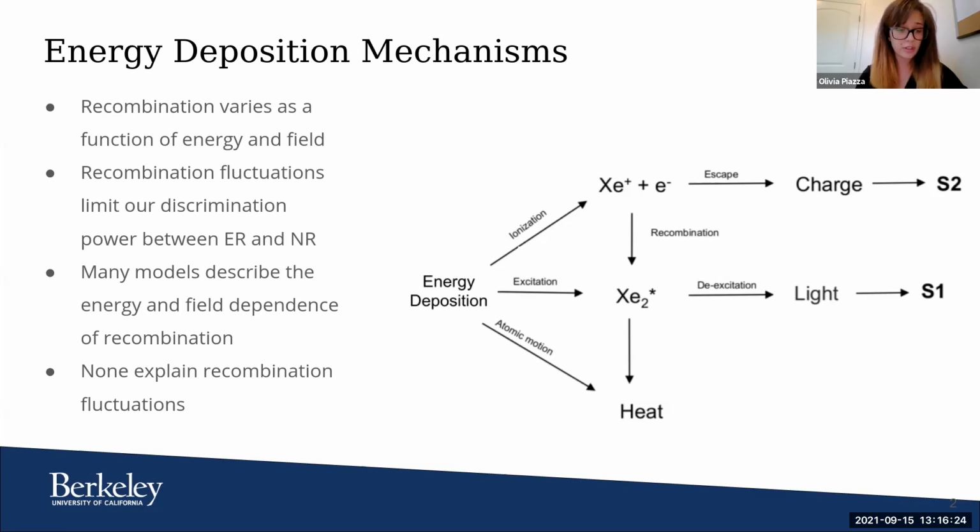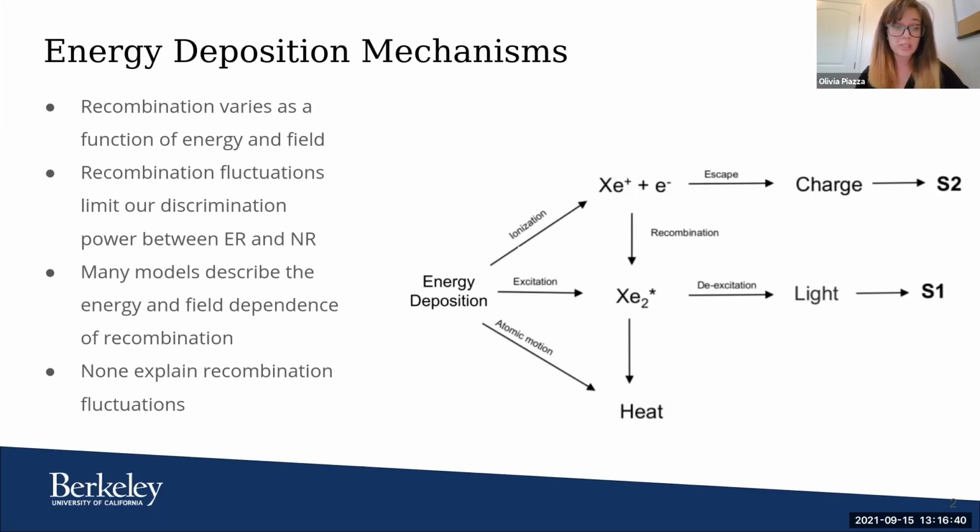We can derive whether the energy deposition event is an electronic or nuclear recoil based on these signals. Recombination is known to vary as a function of energy and field and affects our ability to discriminate between electronic recoils and nuclear recoils.